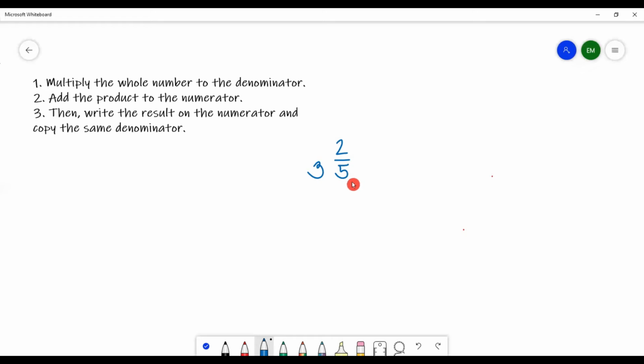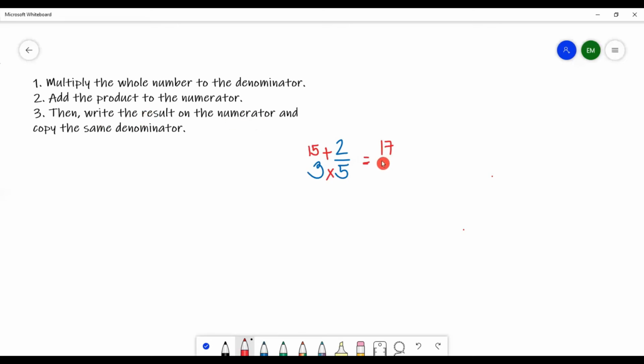Now we are going to multiply the whole number and the denominator. 3 times 5 is equal to 15. Next, add the product to the numerator. 15 plus 2 is equal to 17. Then write the result on the numerator.